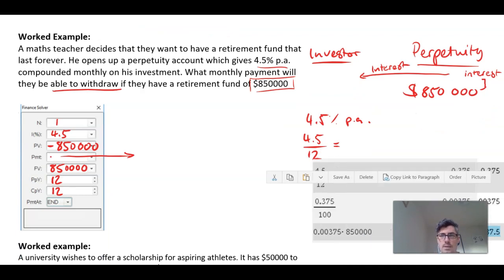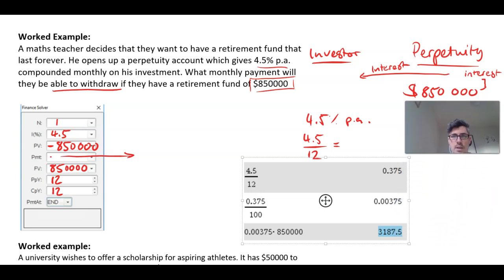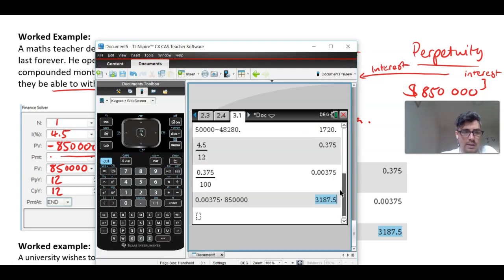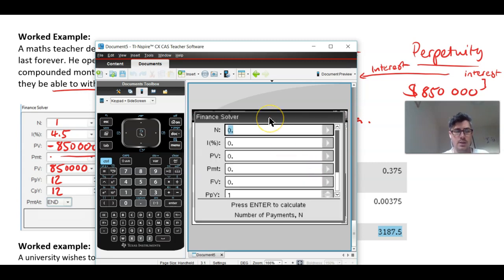That's one way of working it out, and the other way is using Finance Solver. So we'll press Menu, Finance, Finance Solver. Here we just hit 1, 4.5, negative 850,000.